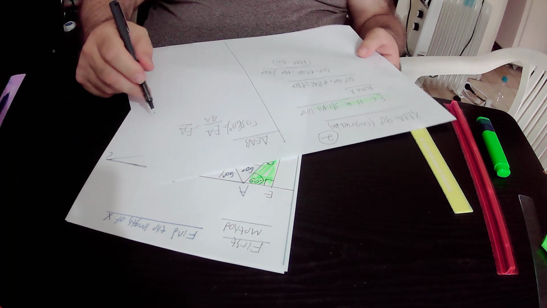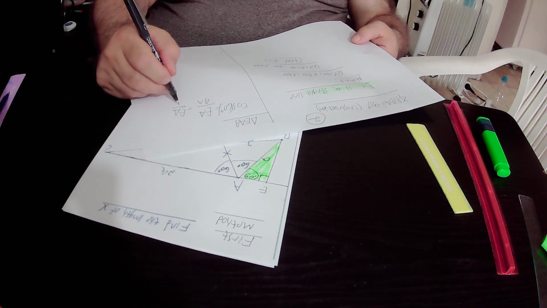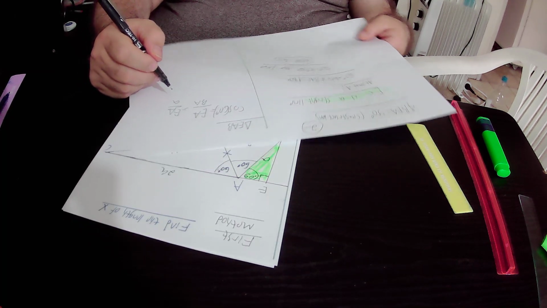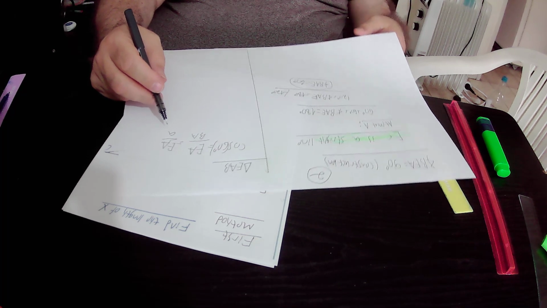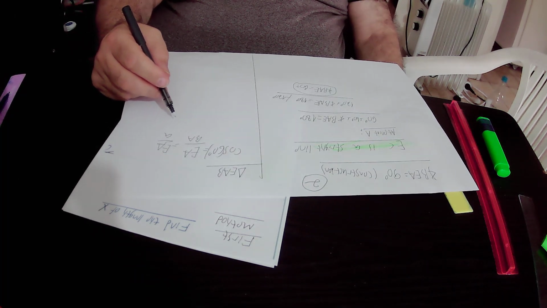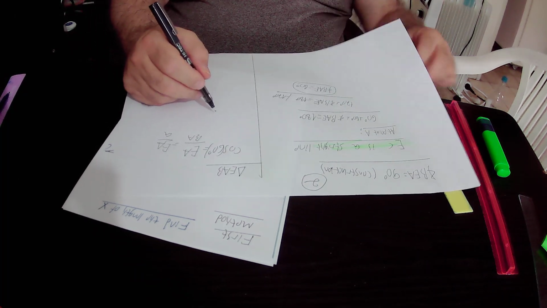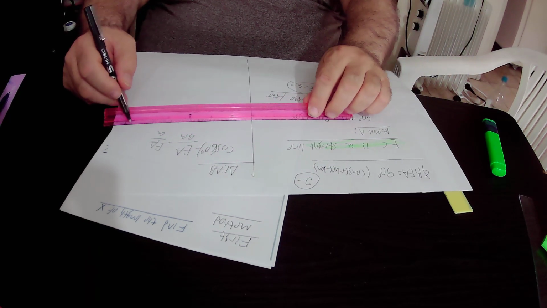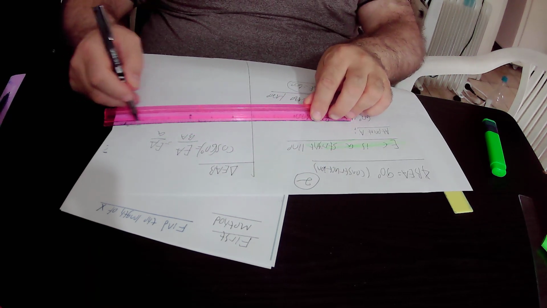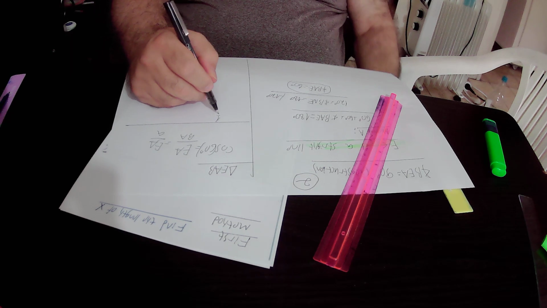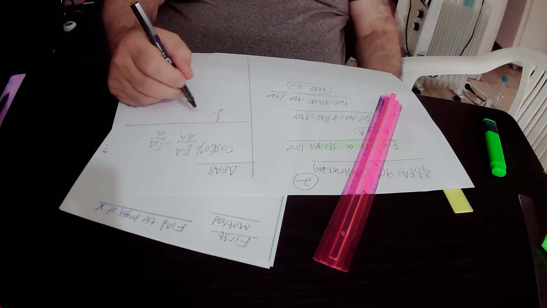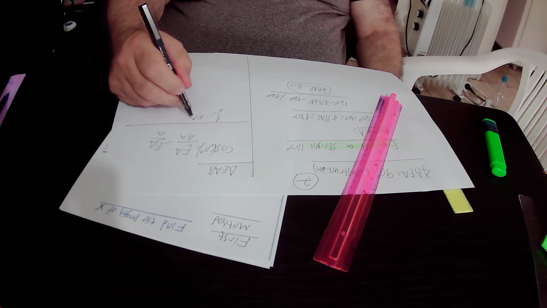BA equals A, according to what is given in the question. So cosine 60 degrees equals EA over A. Cosine 60 degrees is 1/2, so we substitute cosine 60 degrees by 1/2. So 1/2 equals EA over A.